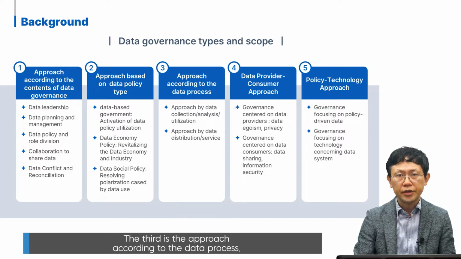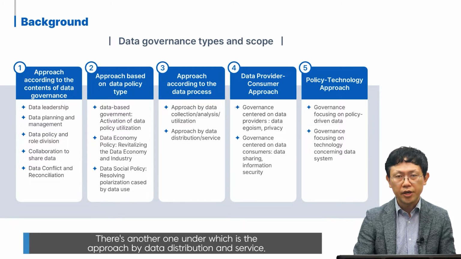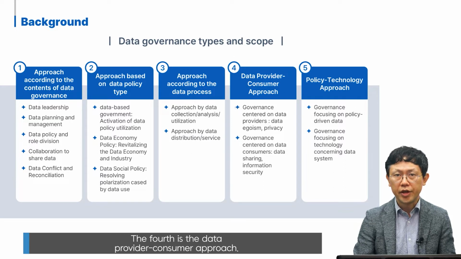The third is approach according to the data process. There is approach by data collection, analysis, utilization. It's another one, approach by data distribution and service. The fourth is data provider consumer approach.